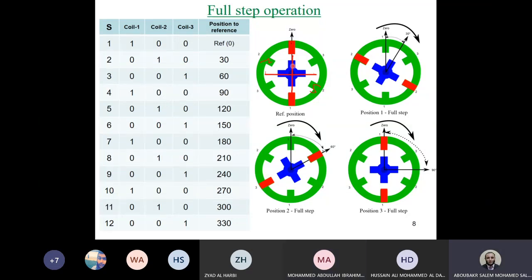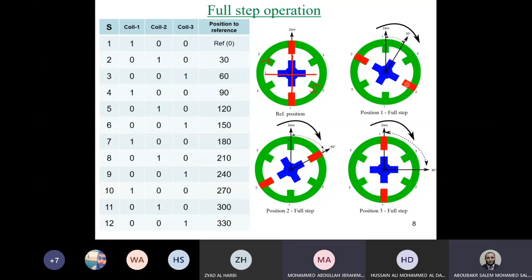Okay? And during the standstill, because we have flux which is moving, in this case here, for instance, we have flux lines moving here. So if you applied a load to this shaft, it will be captured by the flux. The motor will not move.